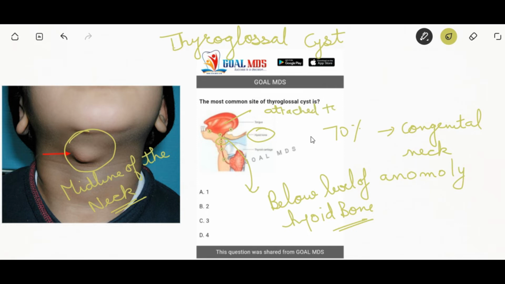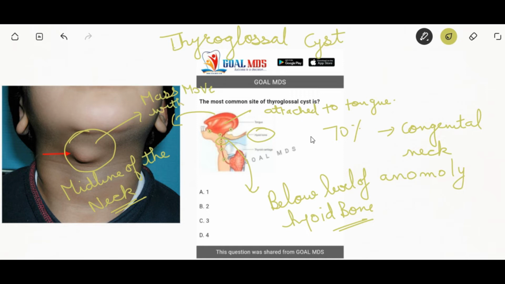This mass will move upward when the tongue is extended and with swallowing. So when you swallow, this mass will move, and also with the tongue when the tongue is extended, as the thyroglossal duct cyst is often connected at the base of the tongue.